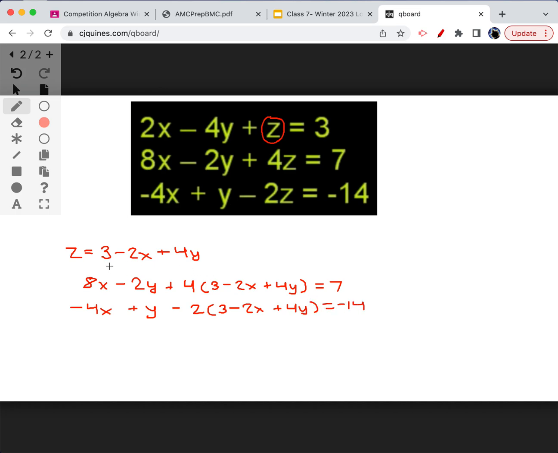So all we did is substitute in z is equal to 3 minus 2x plus 4y into the second and third equation.